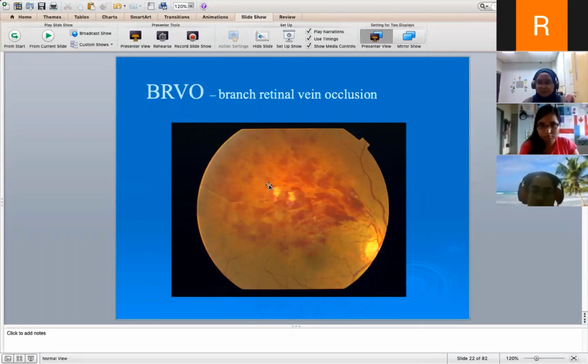Yes or no? No, cannot. Because this is sectoral. Hypertensive retinopathy has to be in all 4 quadrants. So this is branch retinal vein occlusion.